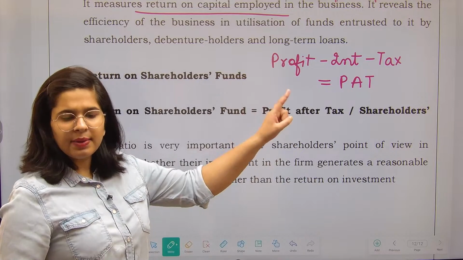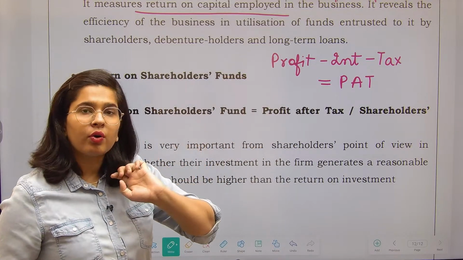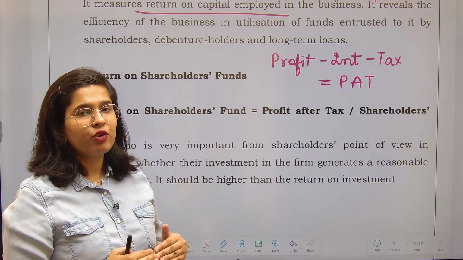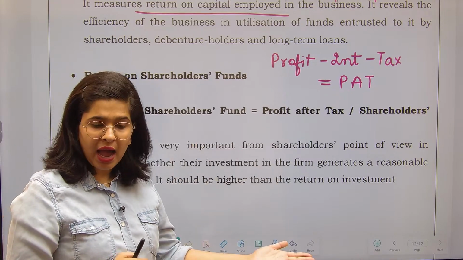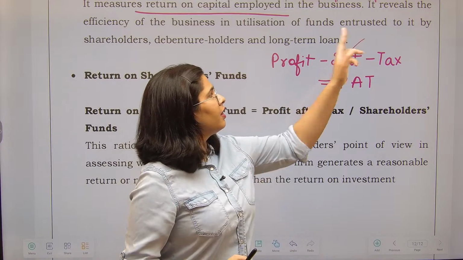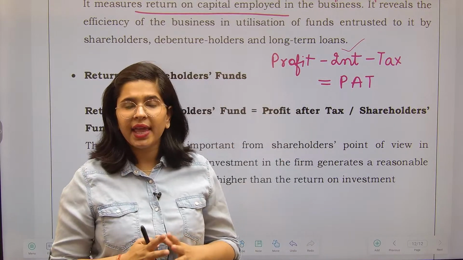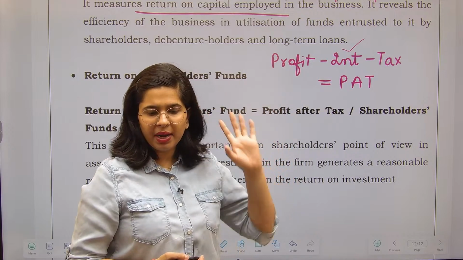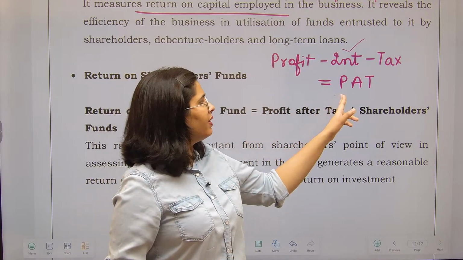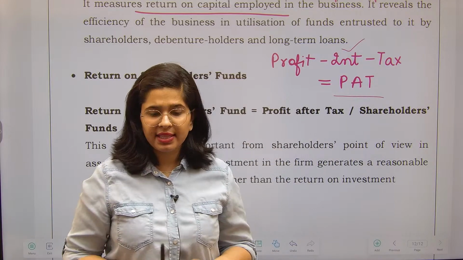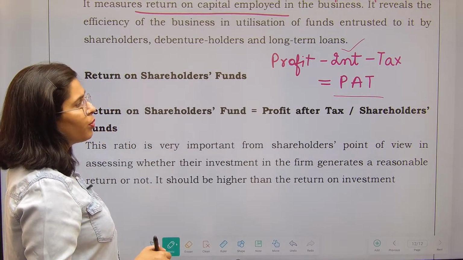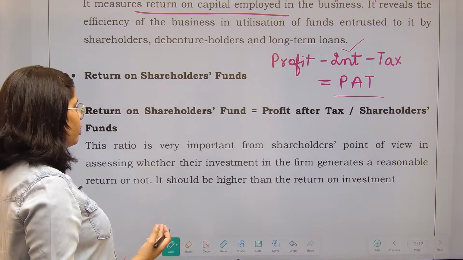This is the profit which is available to shareholders, because shareholders are the owners. They first have to pay the outside persons from whom they have taken loans. After that, they have to pay tax to the government, and finally whatever is left, profit after tax, they can have. So return on shareholders' fund is equivalent to profit after tax divided by shareholders' fund.